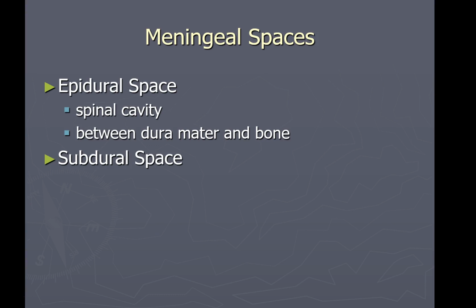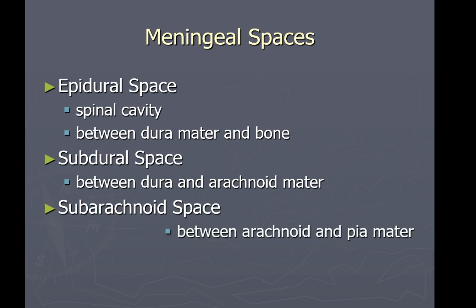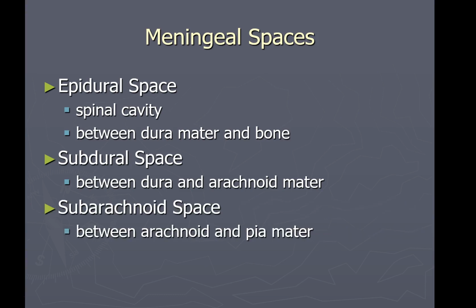Subdural space means it's below the dura mater, so that means it's between the dura and the arachnoid, and the subarachnoid space between the arachnoid and the pia. We can have the bleed, like I mentioned, the subdural hematoma. In that subdural space, that can be problematic. And the subarachnoid space, we have cerebral spinal fluid.